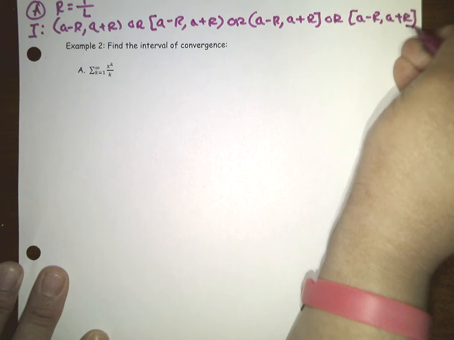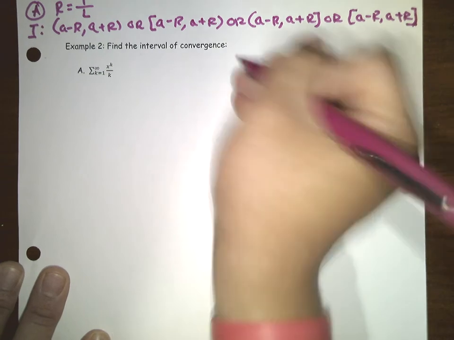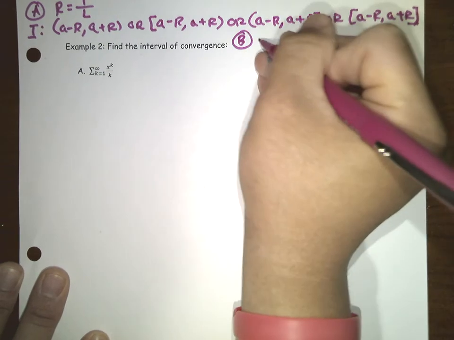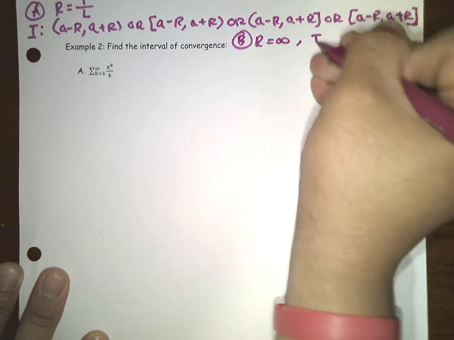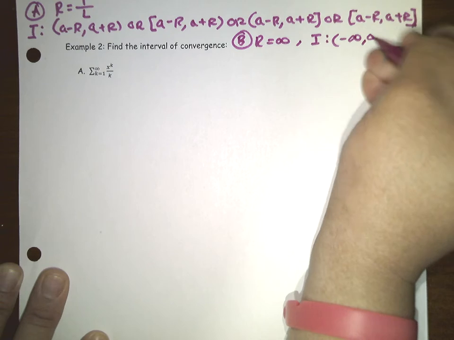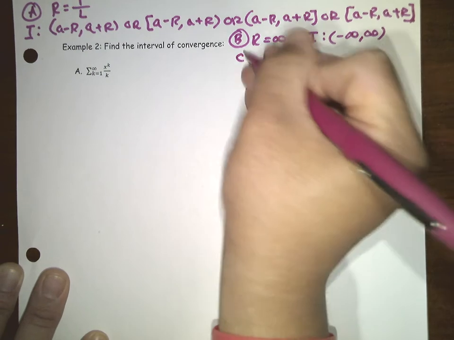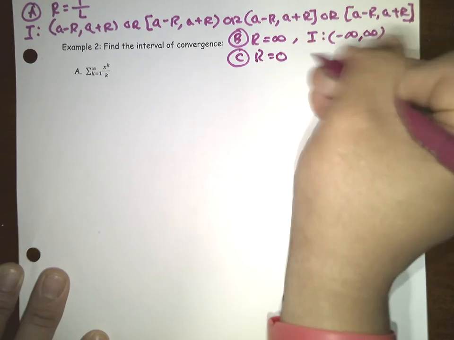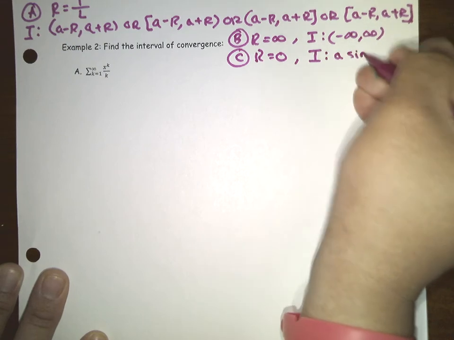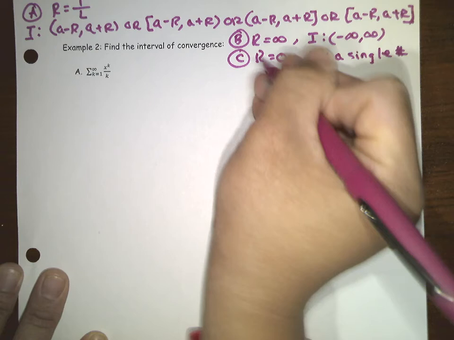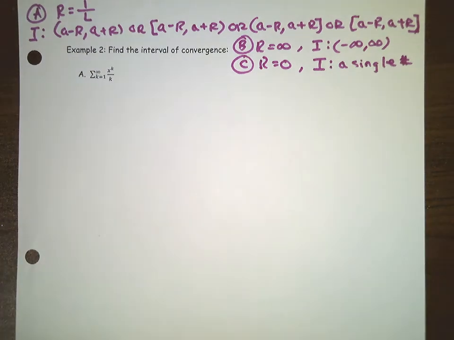The other thing that could happen is that R could be infinity, and then the interval of convergence would be negative infinity to infinity, or R could be equal to 0, which means that the interval is a single number. It's not even really an interval; the set that the series converges on is just a single number.